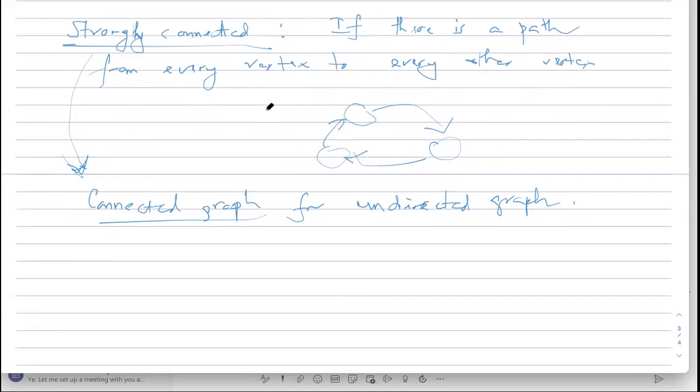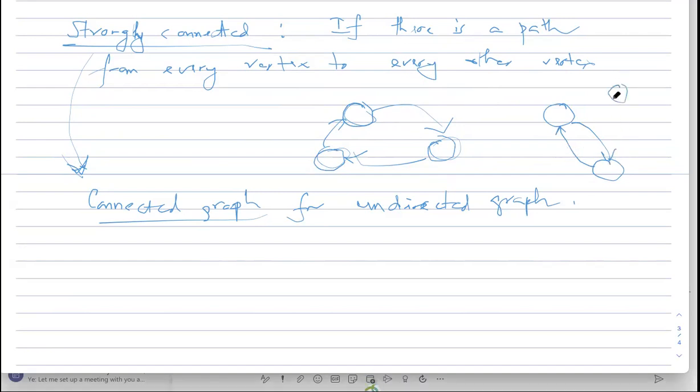So one important point is that for strongly connected graphs, there is a path from every vertex to every other vertex. If I am drawing, let's say, two nodes, there is a clear path between the two.